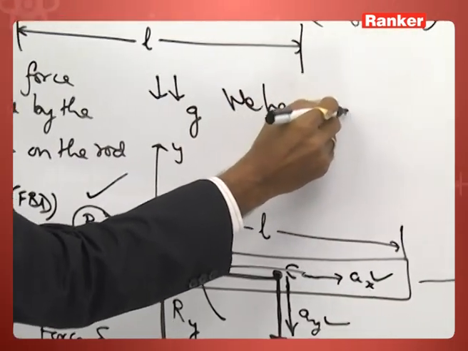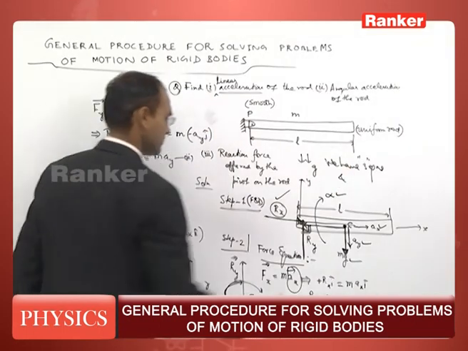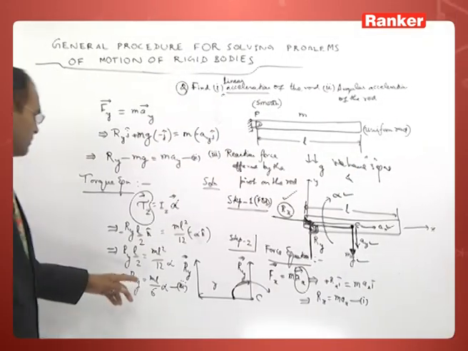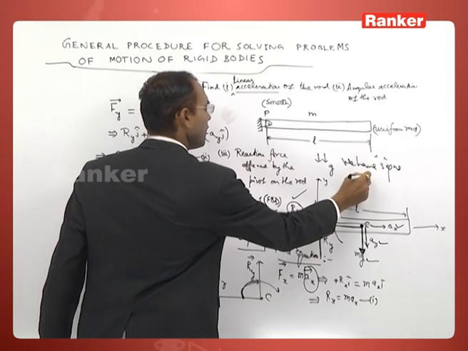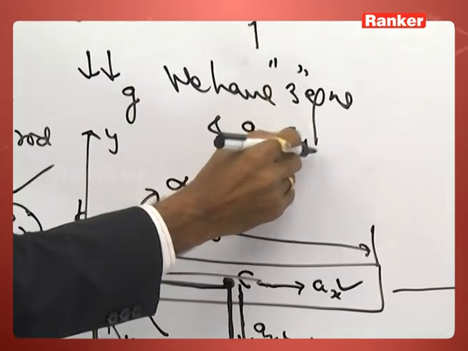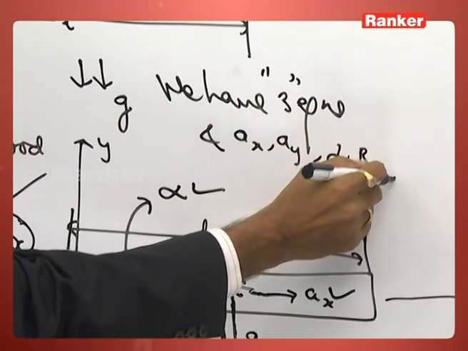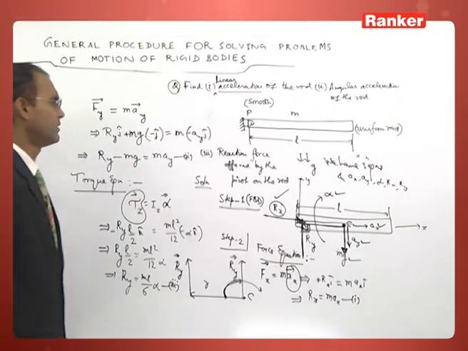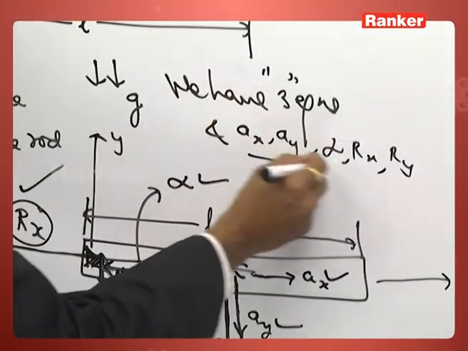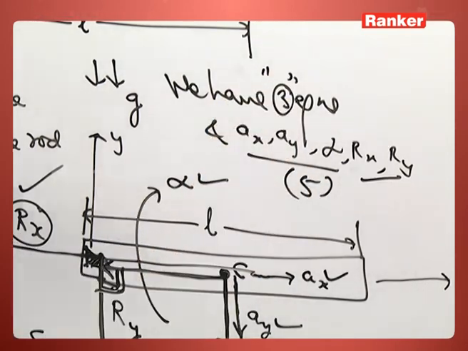Ax, Ay, alpha, Rx and Ry. 3 plus 2, 5 unknown quantities, 3 equations.